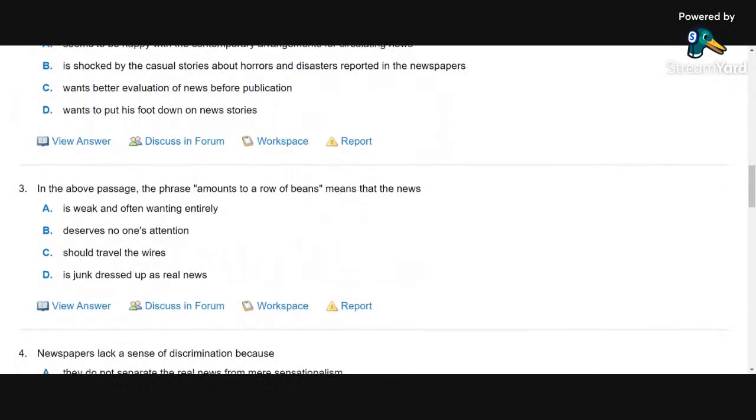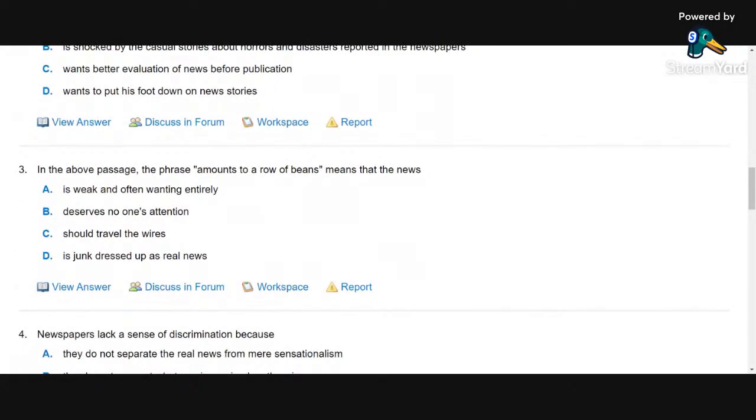Okay. So let's see the third question. In the above passage, the phrase 'amounts to a row of beans' means that the news is: weak and often wanting entirely, deserves no one's attention, should travel the wires, or is junk dressed up as real news.